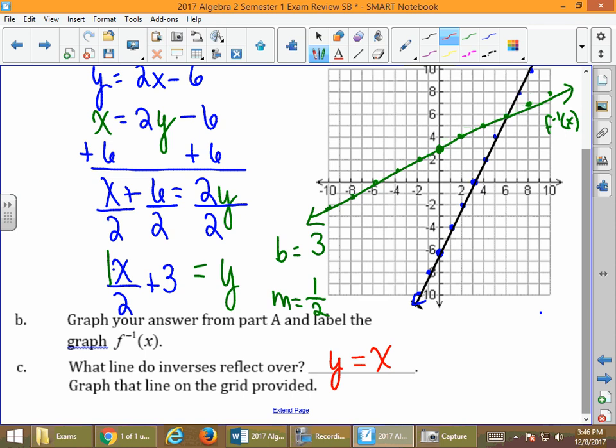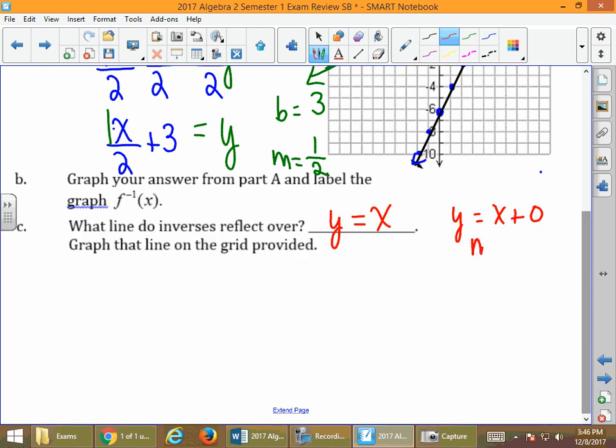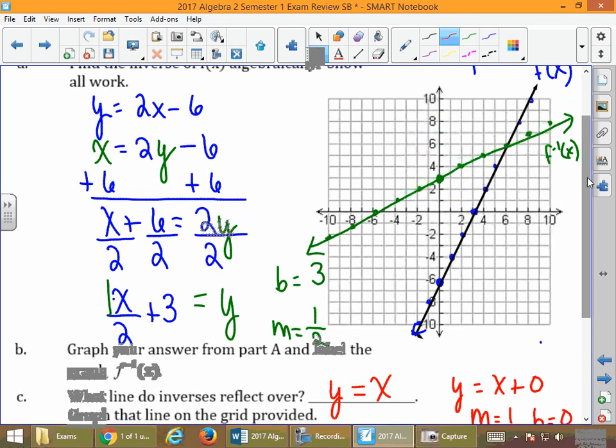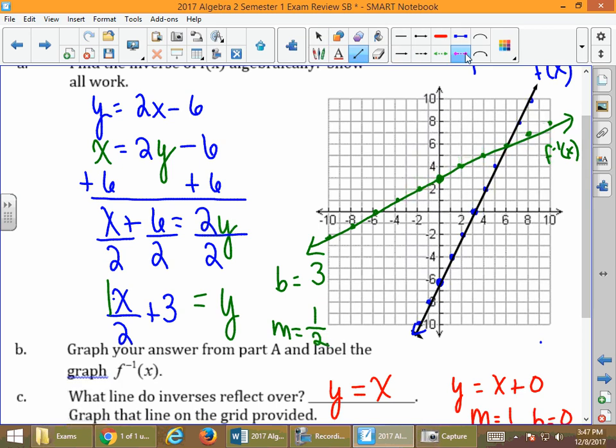And a couple things you can do. You could say that this is y equals x plus 0, which I think is harder than it needs to be, because then you'd have to say that m equals 1 over 1 and b equals 0. But depending on your teacher, you may have talked about the fact that y equals x is the line that goes from the bottom left-hand corner of the graph to the upper right-hand corner and through the origin.